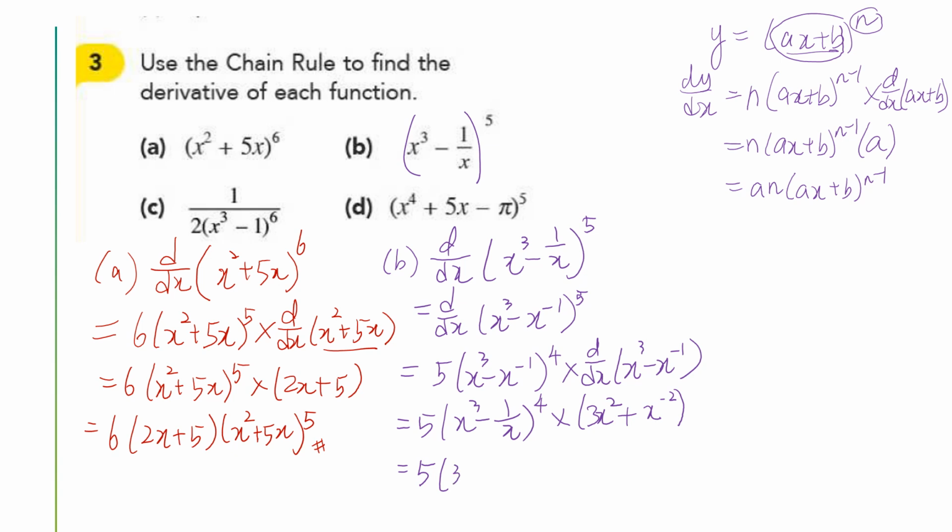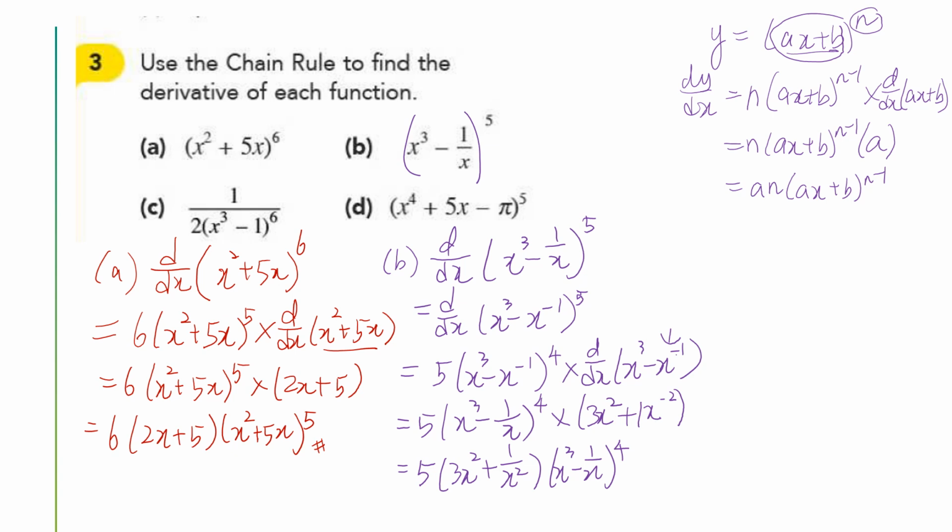I hope you can understand this part here. It's just -1 times -1 gives you +1, and then -1 minus 1 gives you -2. Okay, so this is how you do part B.